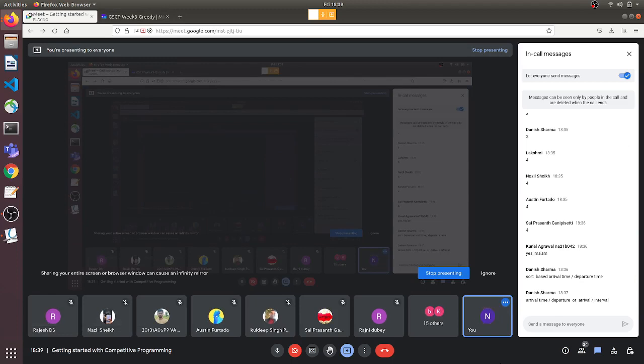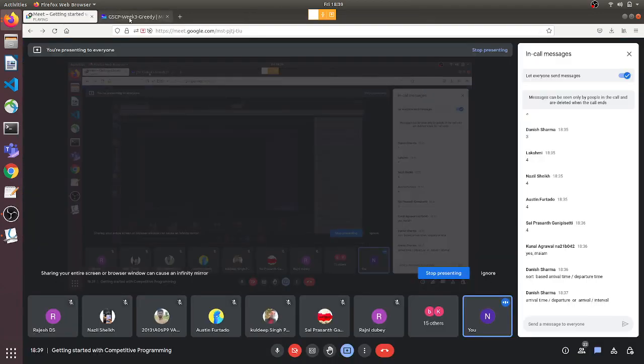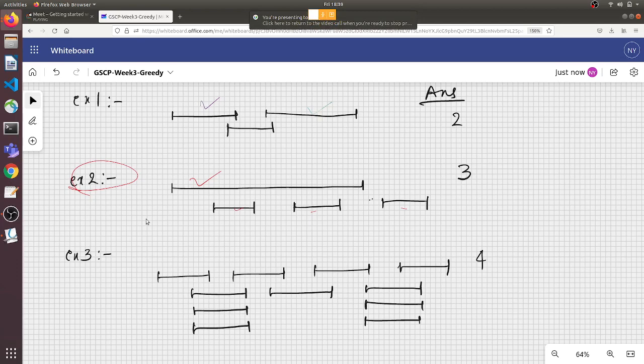Arrival time by departure, arrival time by, okay, are you telling, does this slash mean divide, or does it mean or? Sort based on arrival or departure. Yeah, try to work it out once more.